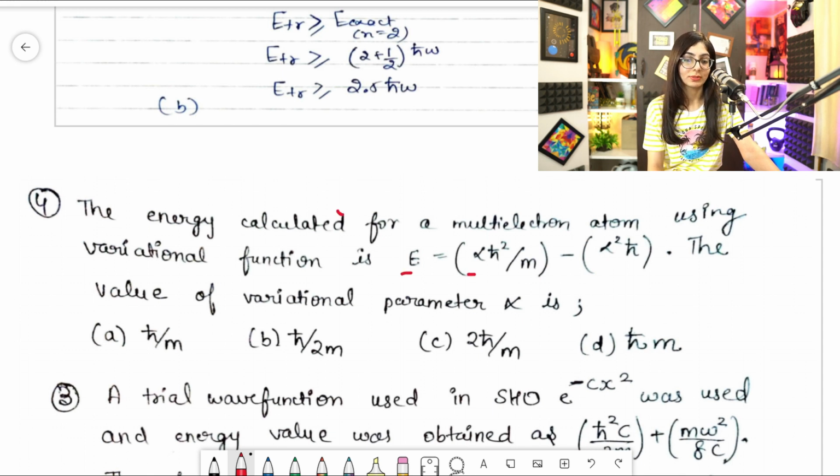Some trial wave function is there, and its energy has been calculated and found to be E = alpha ħ² divided by m minus alpha² ħ, and the value of the variational parameter alpha is either ħ by m, ħ by 2m, 2ħ by m, or ħ m.